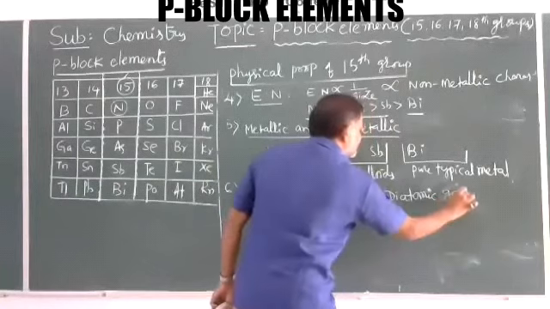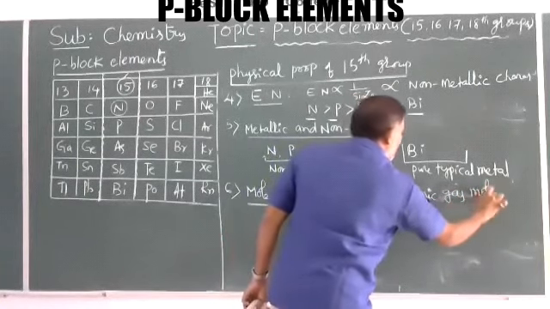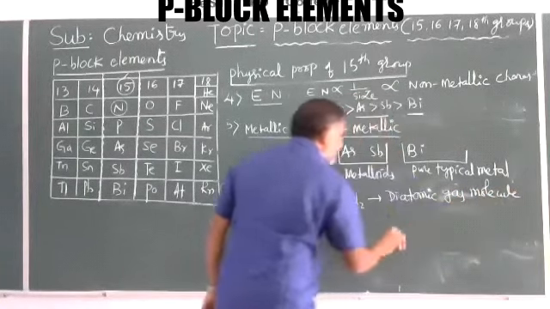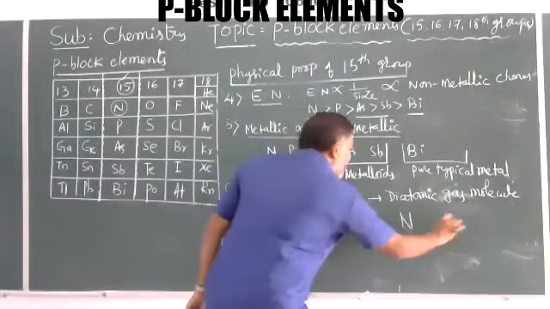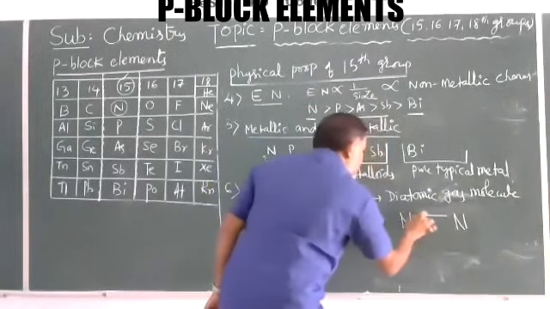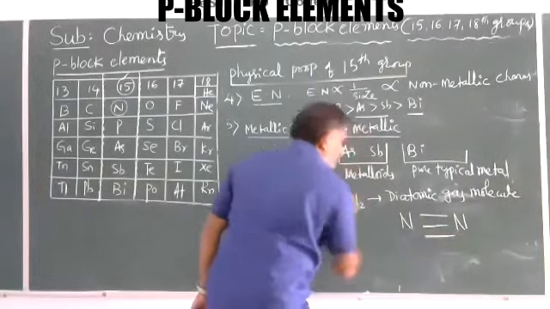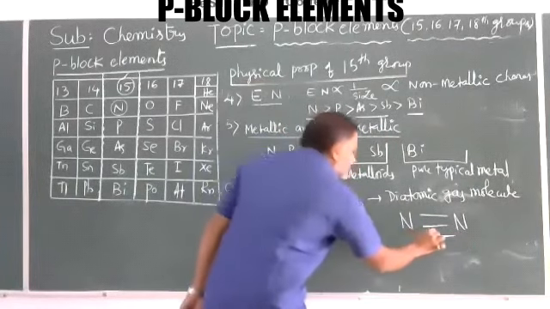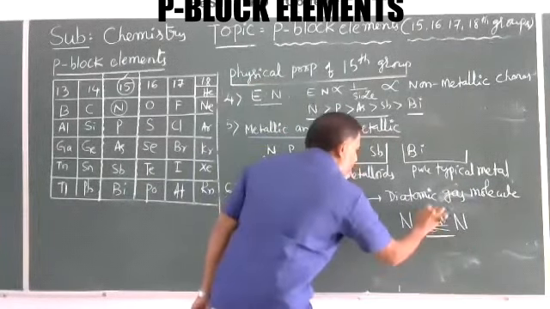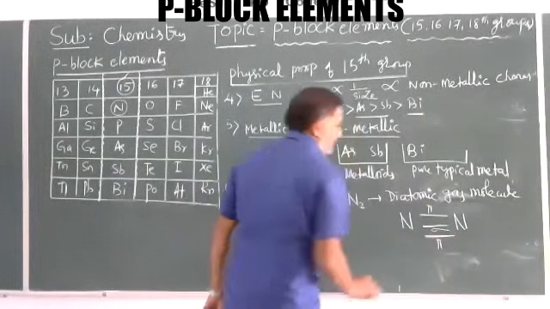Between the nitrogen atoms there exists one triple bond. Among this triple bond, one is a sigma bond and the remaining two are pi bonds.